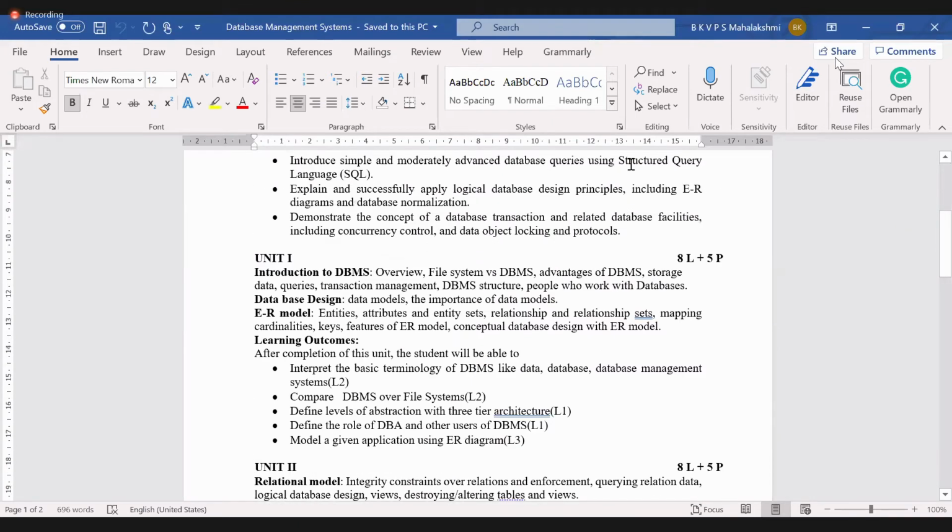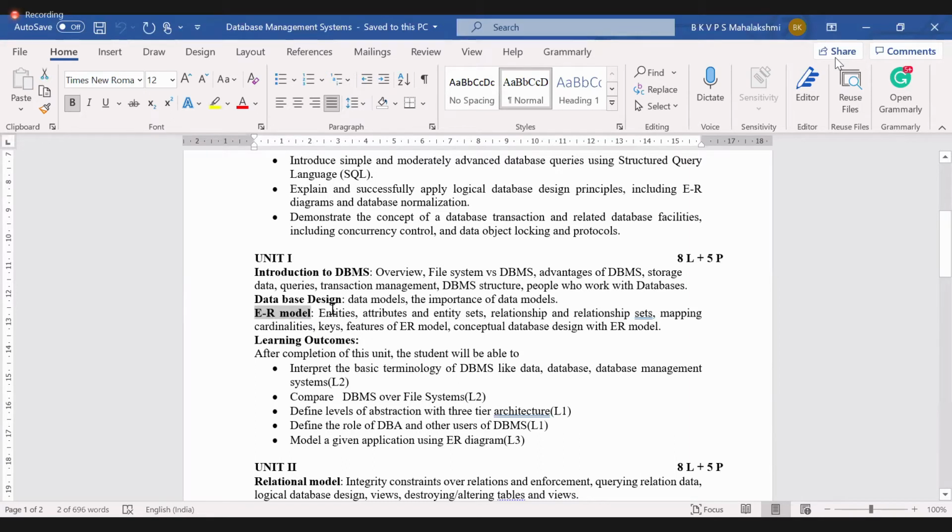Yes. So here in the first module only, we have the third chapter that was completely about the ER model.